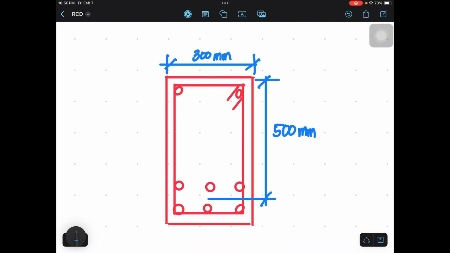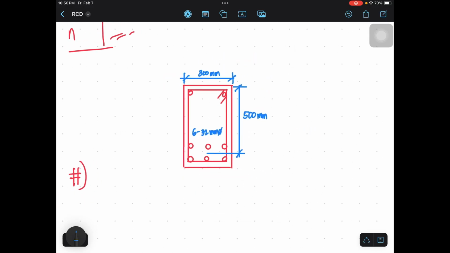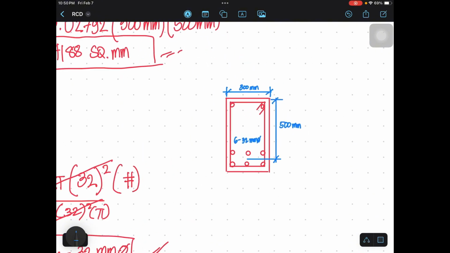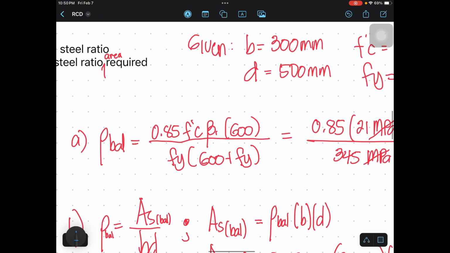Okay, tapos 6 pieces ng 32 millimeter diameter bar. Okay, so ganyan natin i-illustrate yung cross section ng ating beam with reference sa problem natin dito.